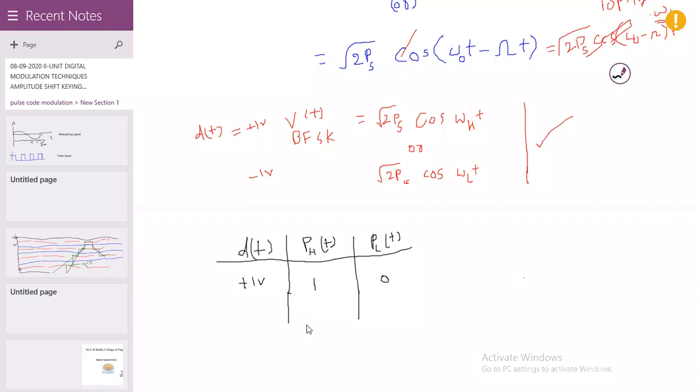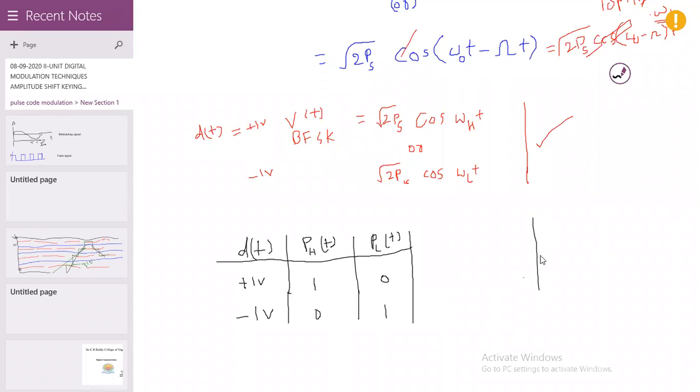Please note down parallelly, these are very important for this BFSK. And when D of t is minus 1 volt, that is logic 0, PH of t is 0 and PL of t is 1. That's why, D of t is bipolar, we convert that into unipolar.